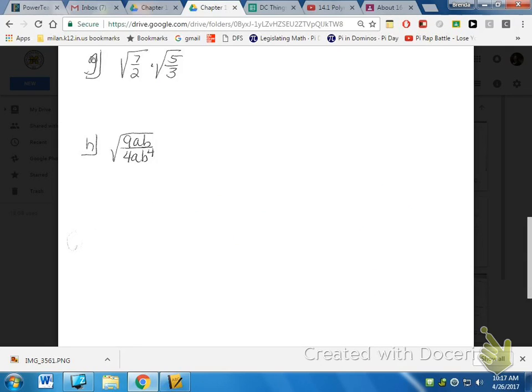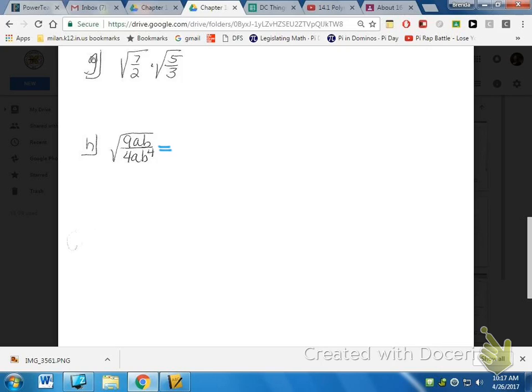All right, last example, radical 9ab over 4ab to the 4th. So I'm going to split it apart first. So instead of trying to deal with all of that, I really believe you'd be better off simplifying what's inside of there first.